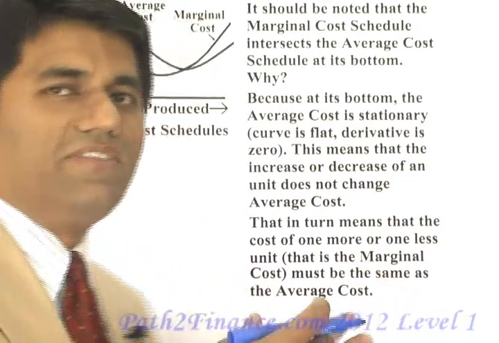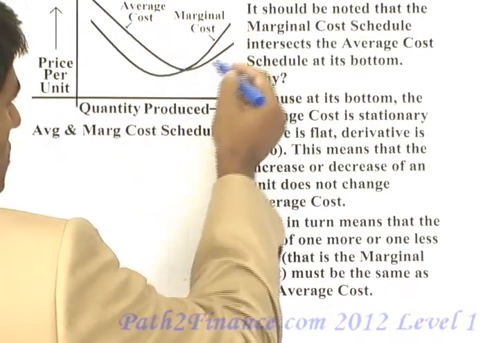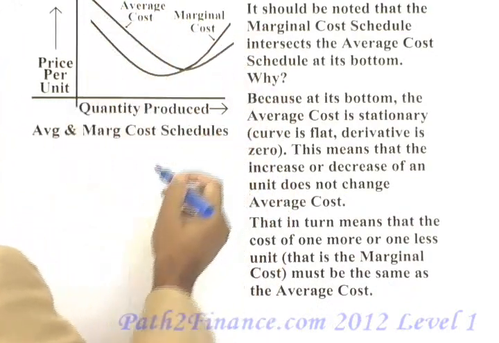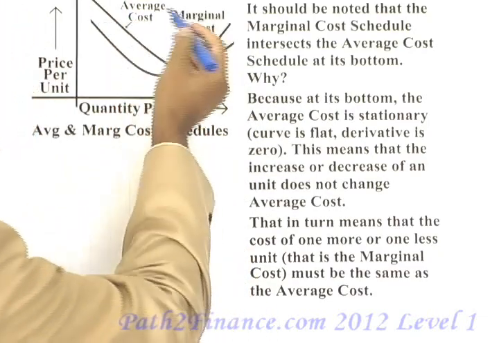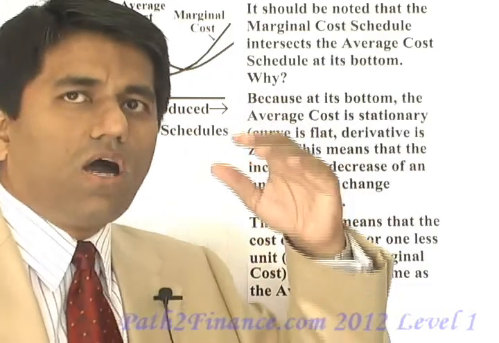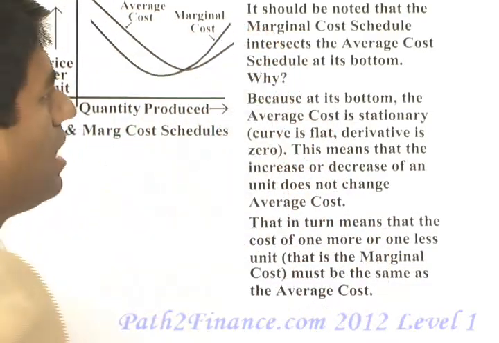So here we have the marginal cost schedule and the average cost schedule plotted on the same graph. What you'll note first is that just like the average cost, the marginal cost initially declines, reaches a minimum and then rises.